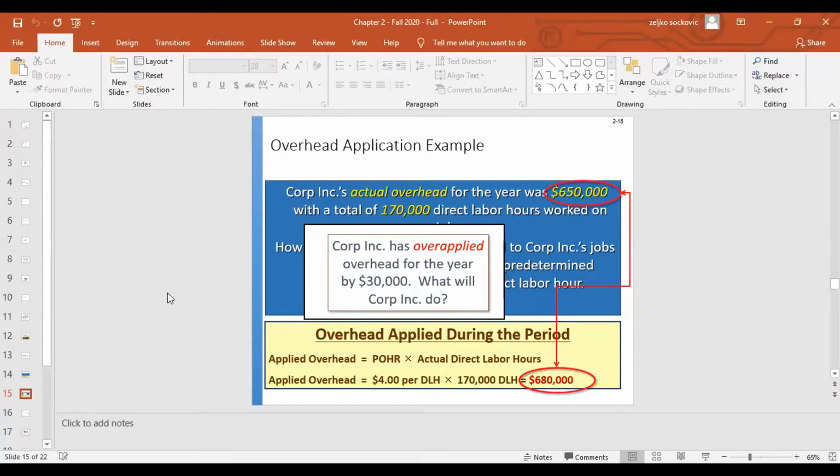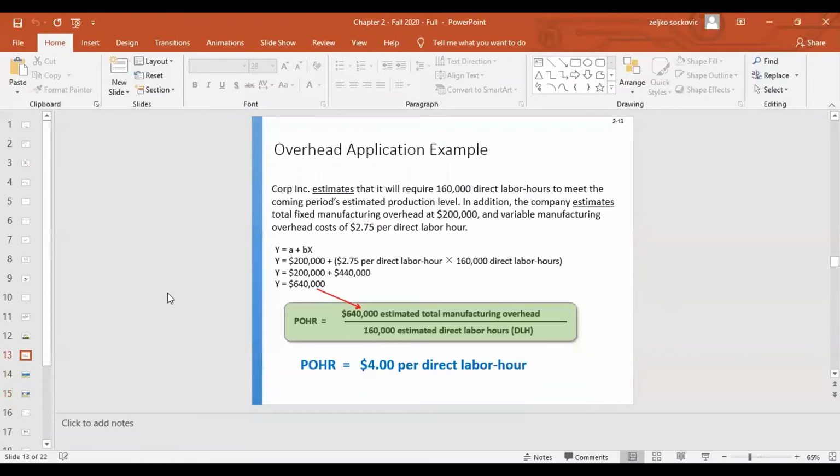Yes. So you can imagine that if we expect that our production would be the same next year, then what would we do? Well, we would estimate that the overhead would be the same. Right. Well, not necessarily, because we might estimate the overhead to be more than 640,000, which we had here, remember?